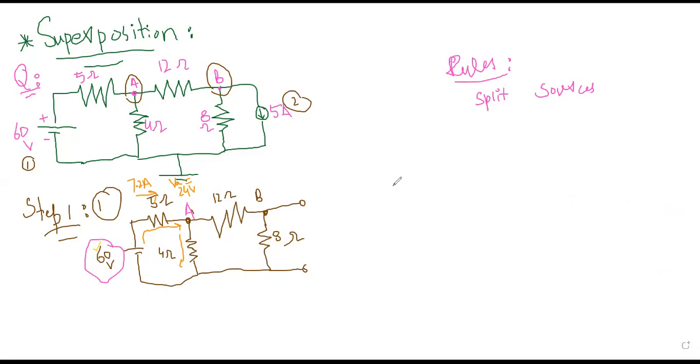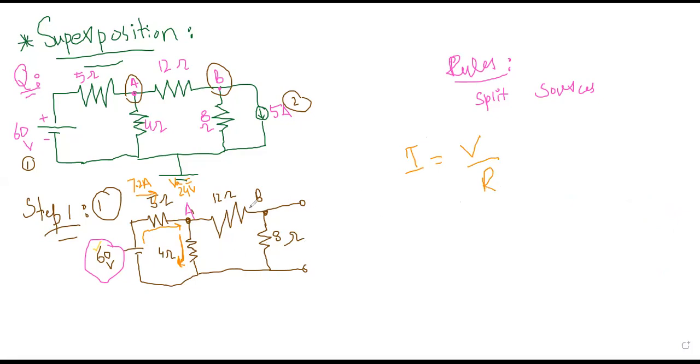So for this, what is I? For this part of 4, that is of 4 ohm, first the current goes here, then it goes here. So the value will be I equals V upon R for this point.